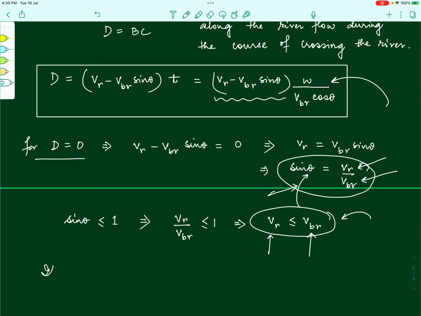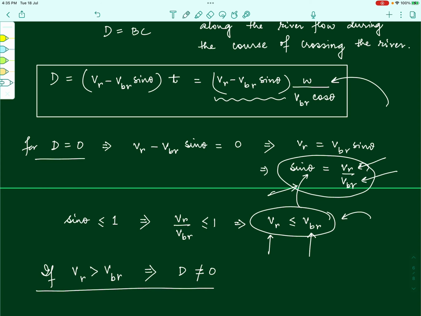If VBR becomes less than VR, or we can say VR becomes greater than VBR, the river is now flowing with a speed more than the speed of the boat with respect to the river. In that case, zero drift is not possible.